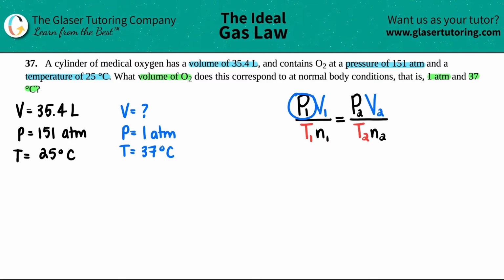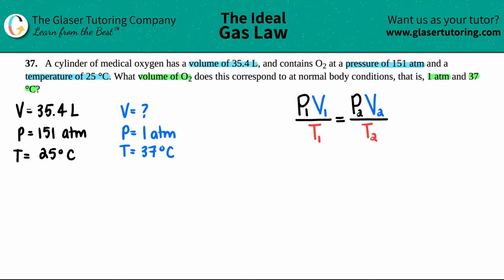We talked about pressure, volume, and temperature, but they didn't say anything about N, which was moles. So, get rid of it. Now, it's just P1V1 over T1 equals P2V2 over T2.